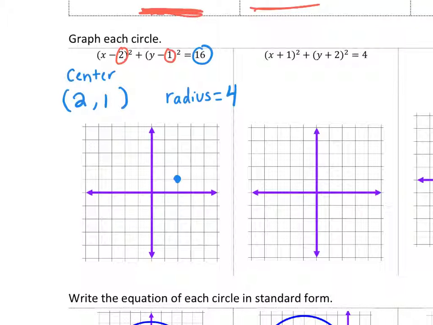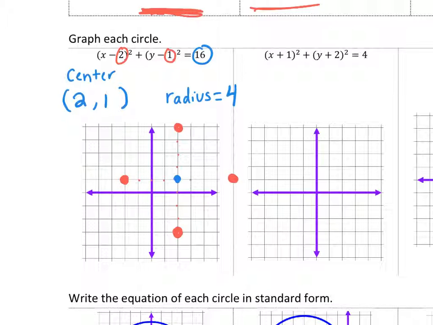So there is my center. And now it tells me the radius is 4. So in all directions of this circle is 4. So I can go up 4 and make a point. I can go right 4 and make a point. That goes off the grid a little bit. I can go down 4 and make a point. And then I can go left 4 and make a point.